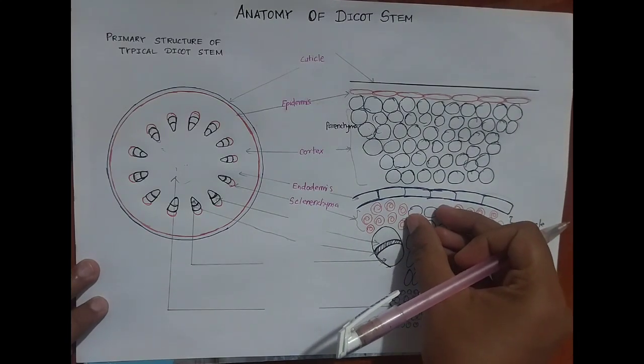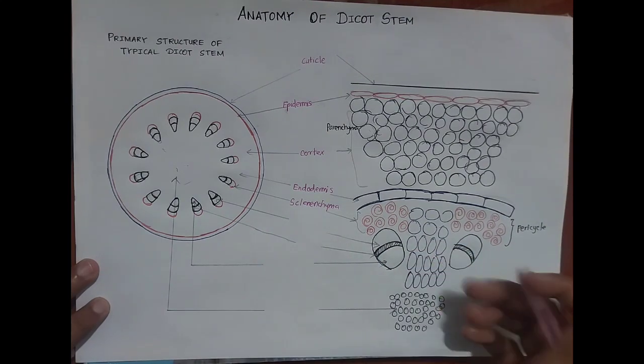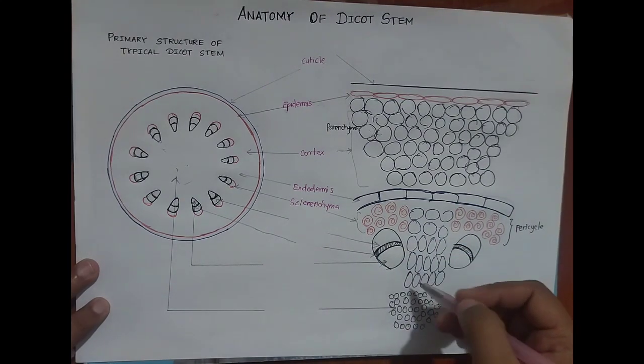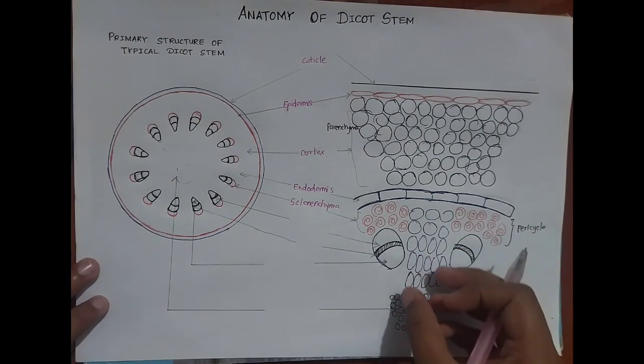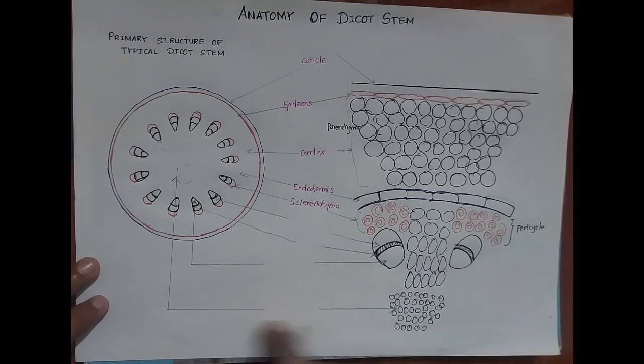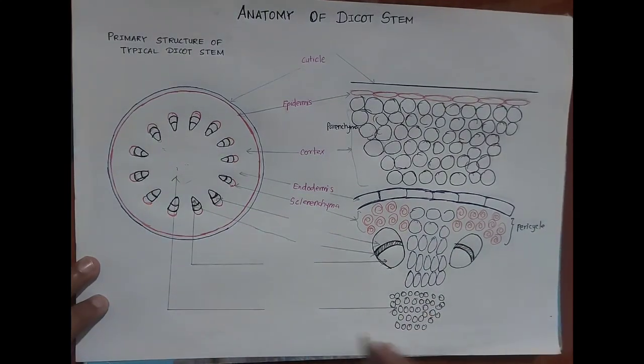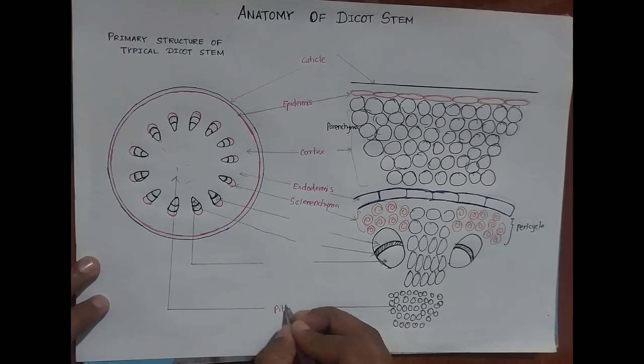When these parenchymatous cells go in between the vascular bundles, they elongate like this and form the inner part, which is called the pith.